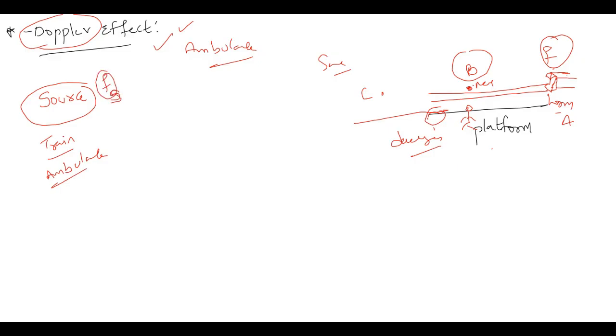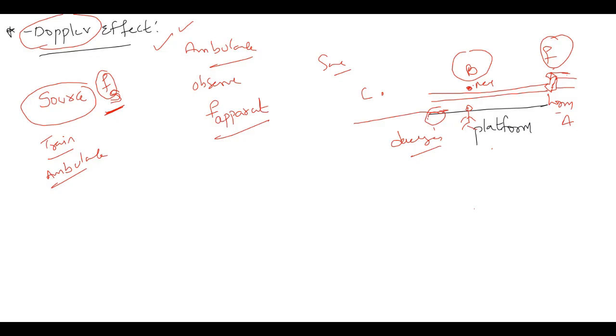Now we are observing that, so we are called the observer. The observer will be hearing a different sound, which is not exactly equal to the source. Therefore we call it the apparent frequency of the sound.